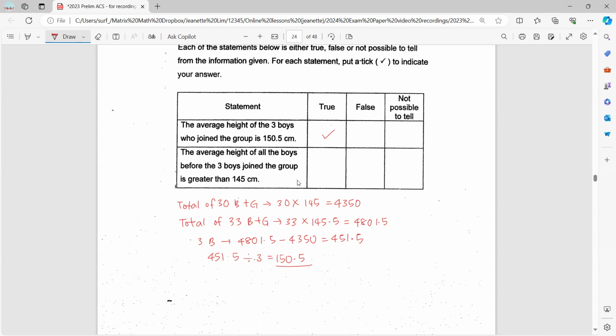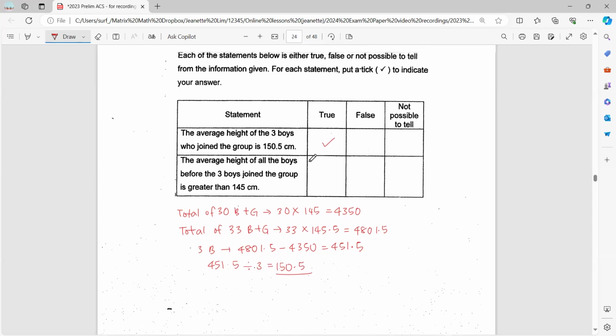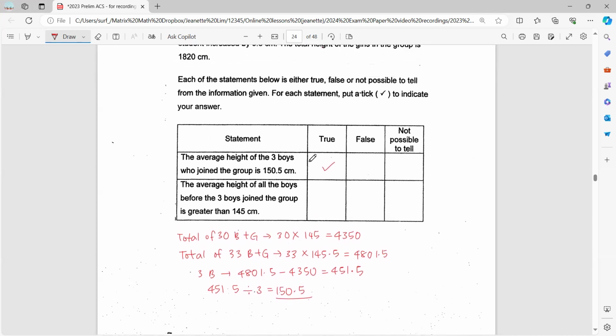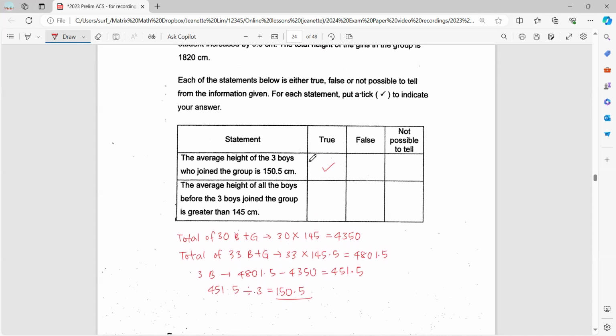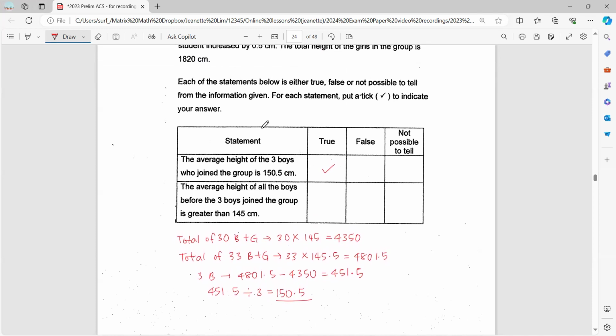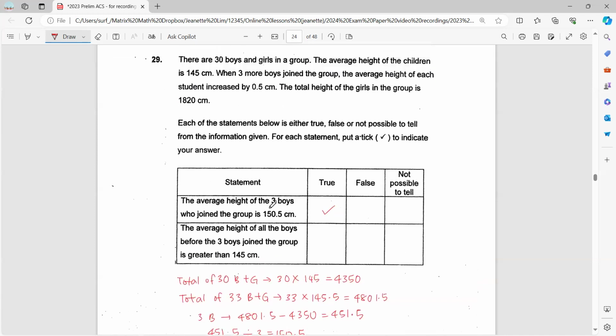Then the next one: the average height of all the boys before the 3 boys joined is greater than 145. Is it true? This time they are not talking about all the children, they are saying the average of just the boys.